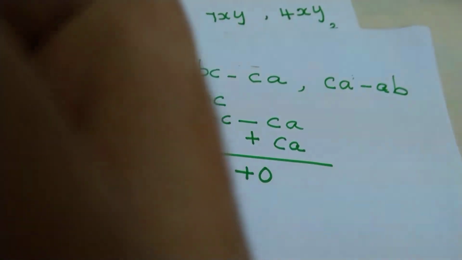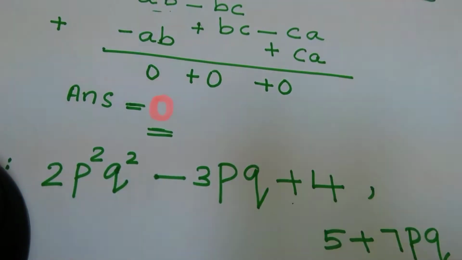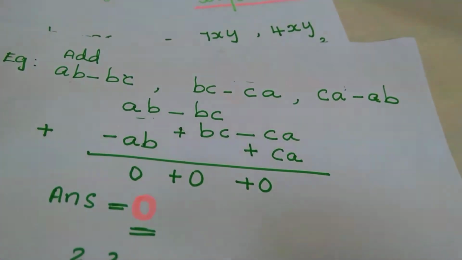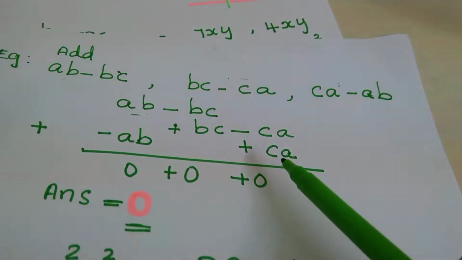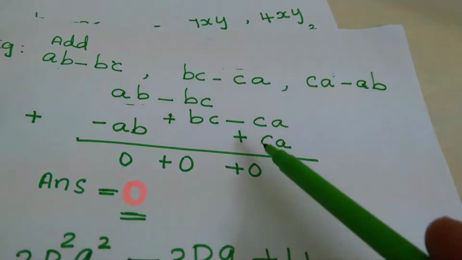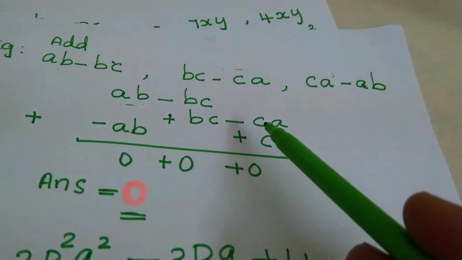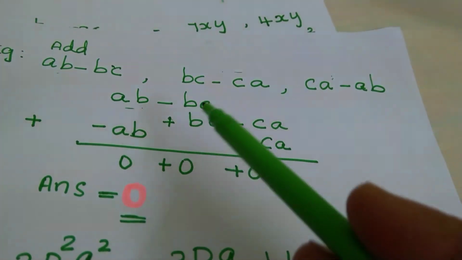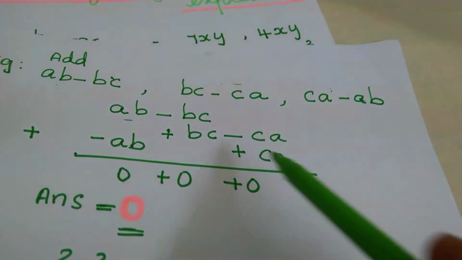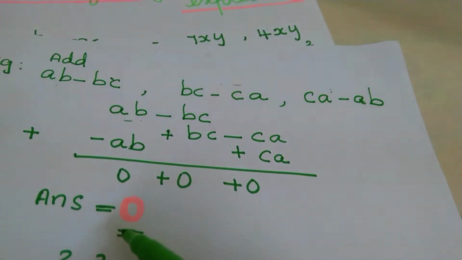So this was our first example. Since we were adding equal and opposite terms, we got the answer as 0.